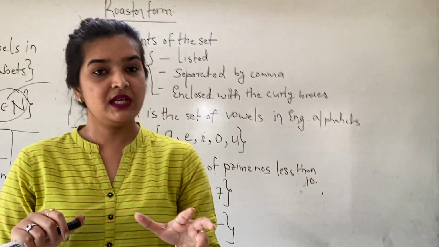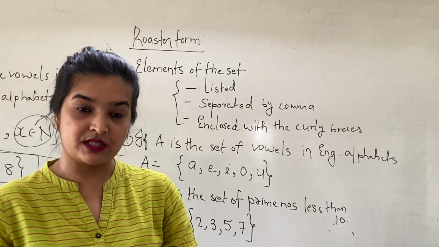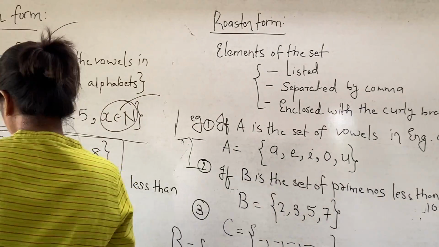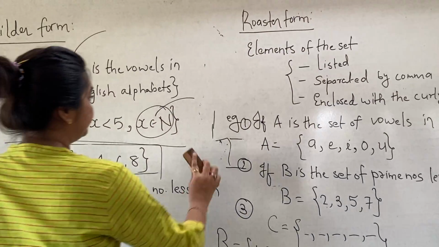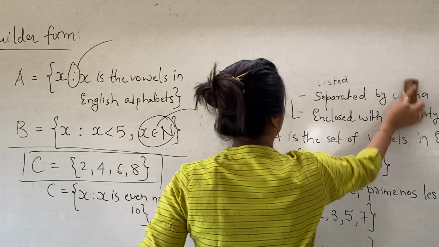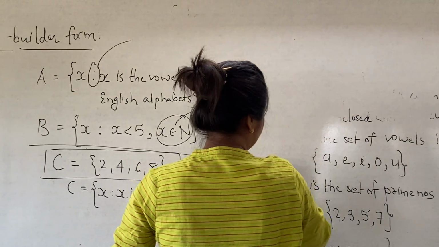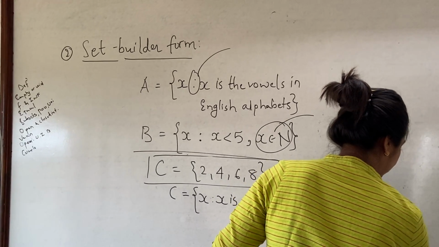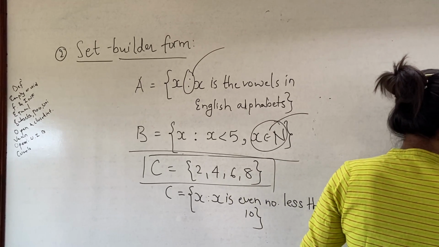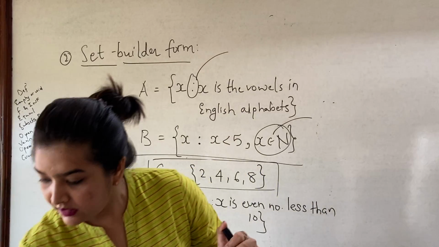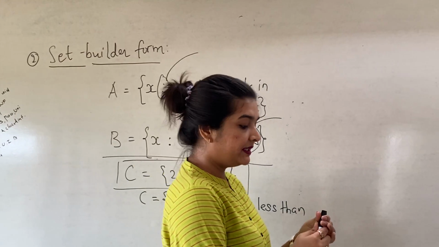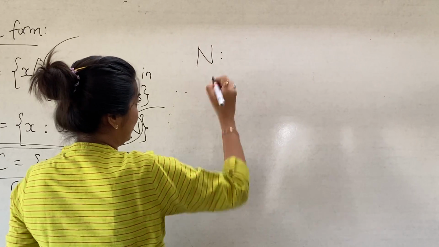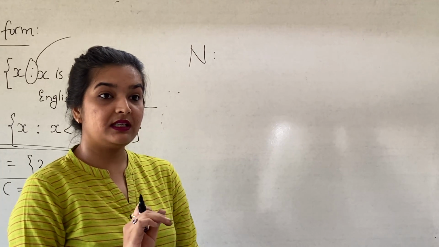Now we have reserved some letters for denoting some special sets. What are the letters? We have reserved letters like capital N. What is capital N?